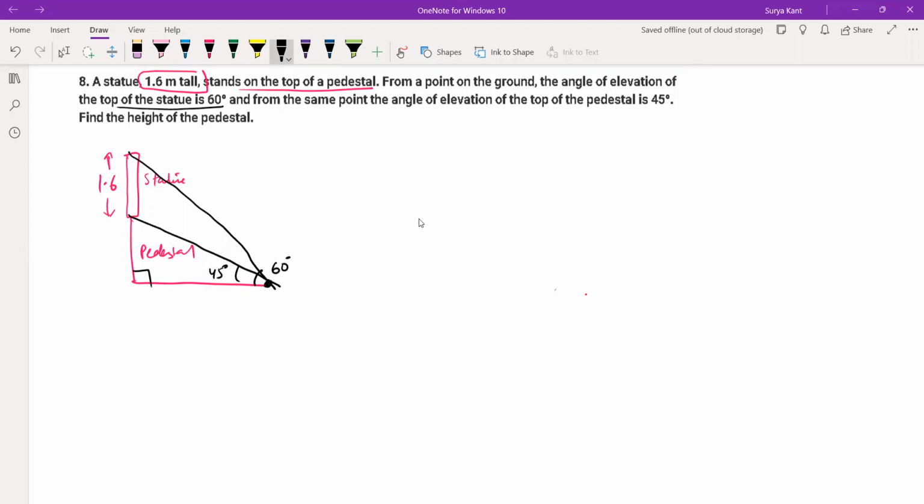Now, how many right angle triangles are there? There are 2 right angle triangles. You can name them anything, A, B, C, D. I'll just copy the figure from the internet and put it over here.